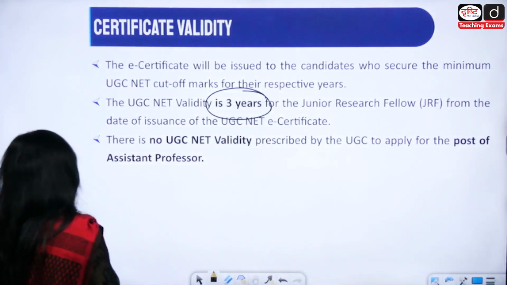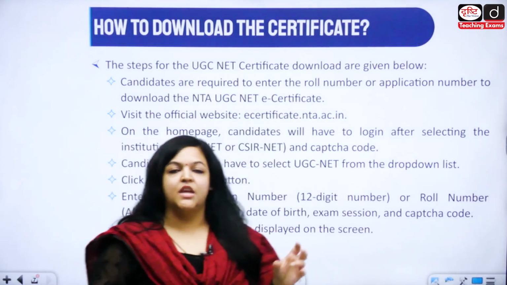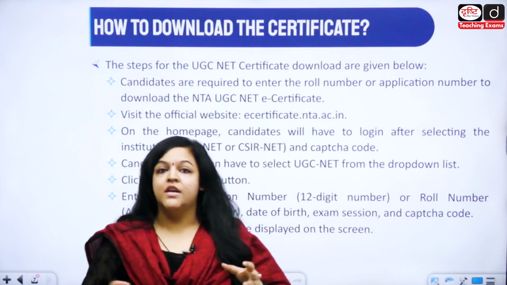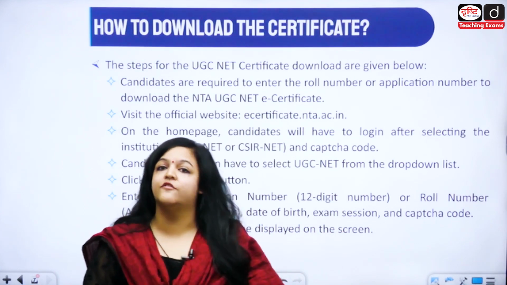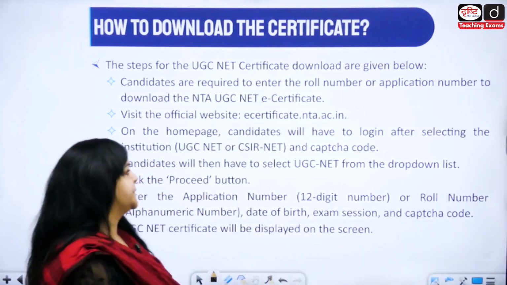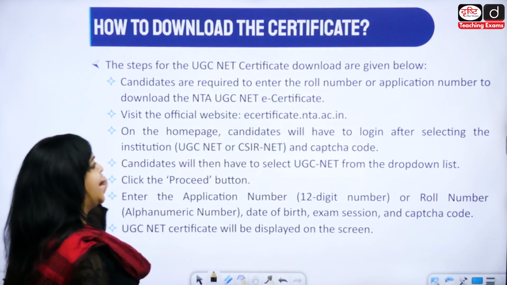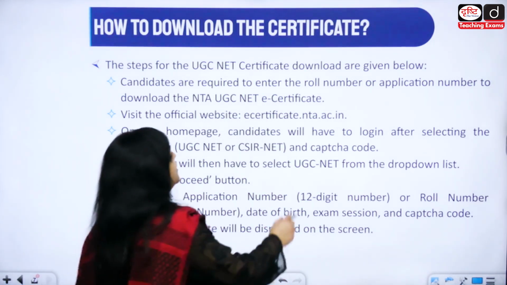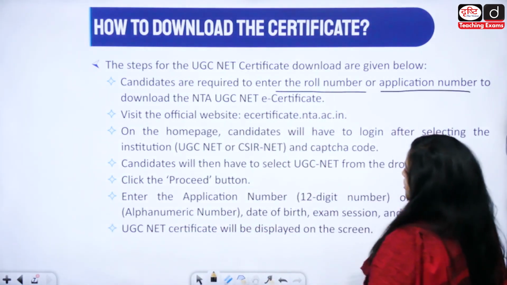All right. Now, let's come to the most important part, which is how do you download this certificate? This is actually a very important question, and I've seen a lot of people getting very confused. So, let's understand that. As I told you earlier, you can download the certificate using your exam roll number or application number.